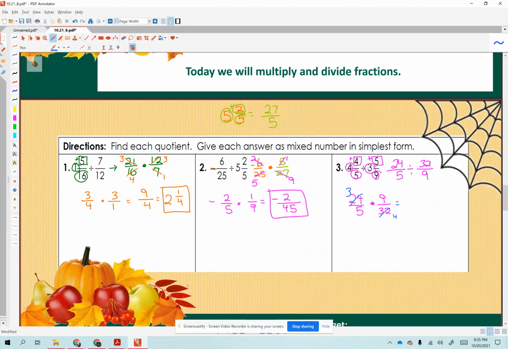I'm just double checking. So 9 times 3 is 27. 5 times 4 is 20. And 27 divided by 20 is 1, and 7/20 left over, which we cannot simplify any further. So that is our final answer.